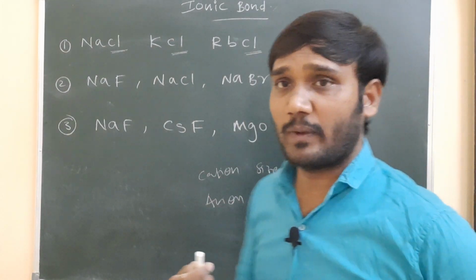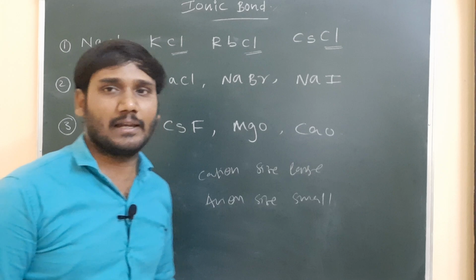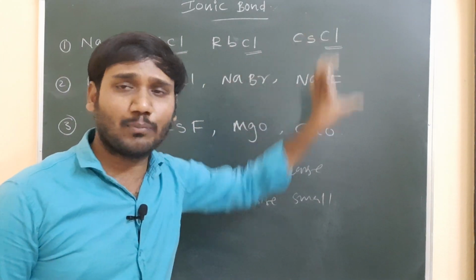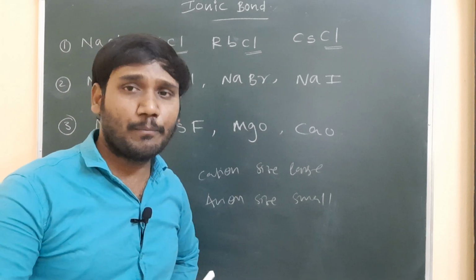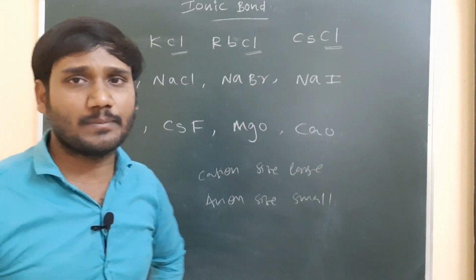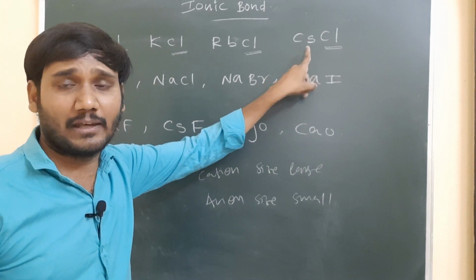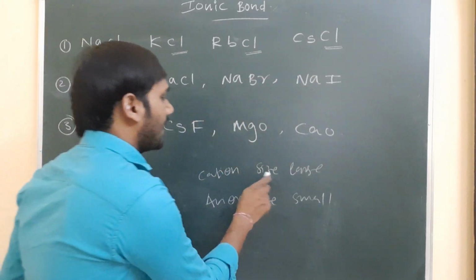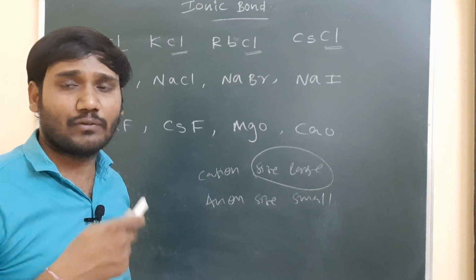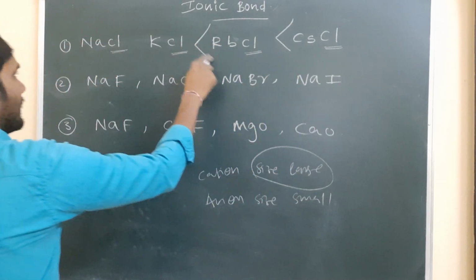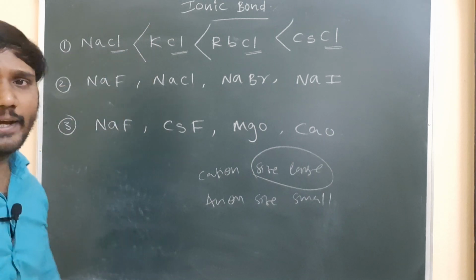With respect to the cation, you have to decide which is formed easily. It is sodium, potassium, rubidium, cesium, top to bottom in the group, and the sizes increase going down. So cesium size is more. The cation size should be large for favorable formation, so cesium chloride is formed more easily compared to potassium chloride.